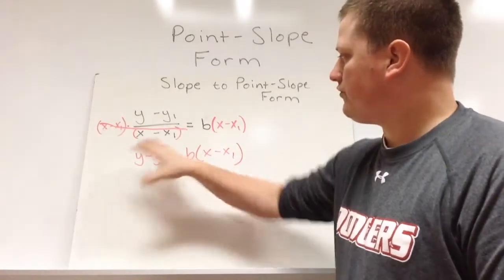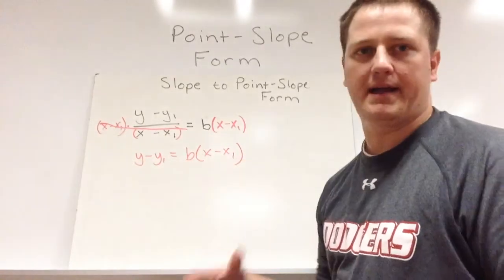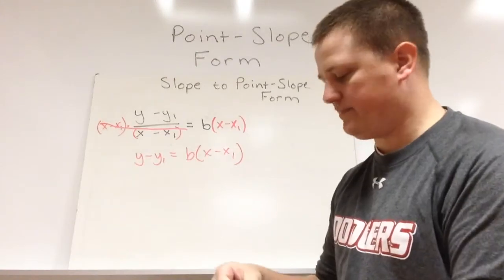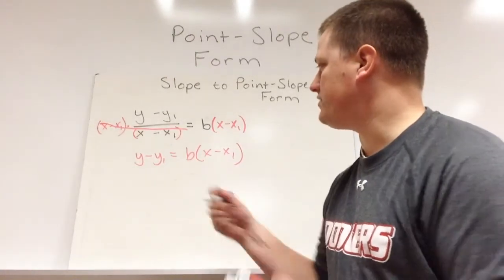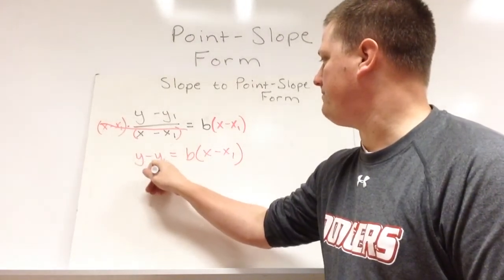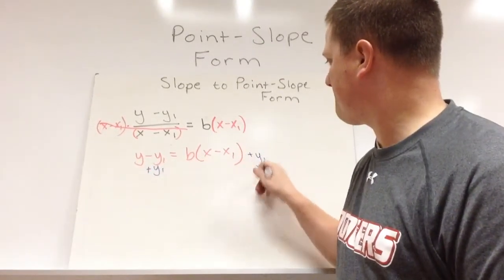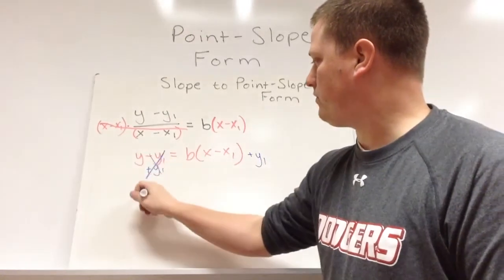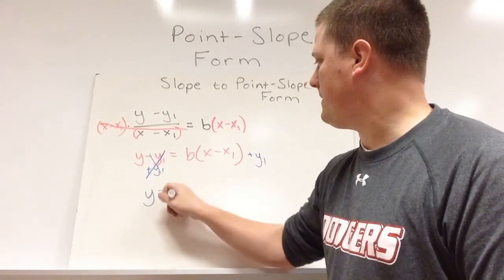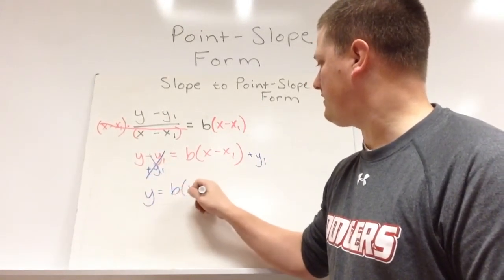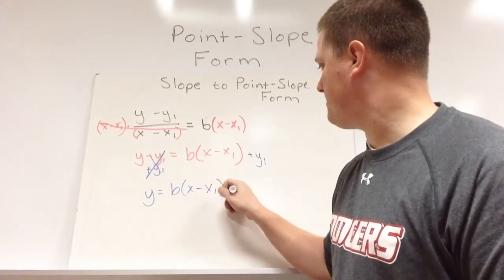Now we want to get this y by itself because that's typically how we see our equations. So we're going to add y1. These will cancel. We get y equals b times x minus x1 plus y1.